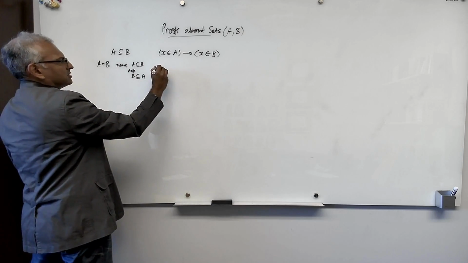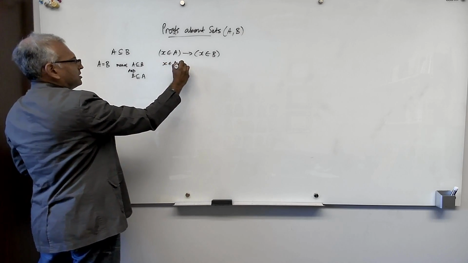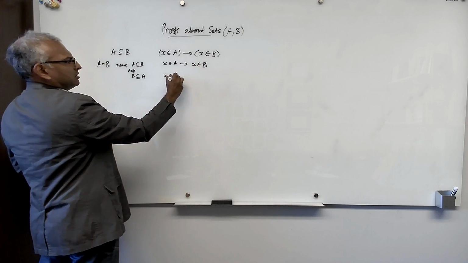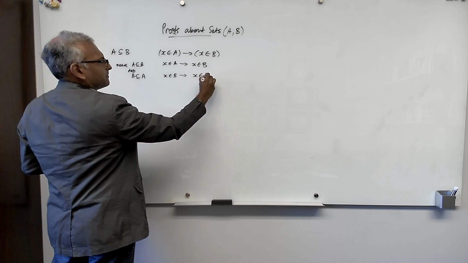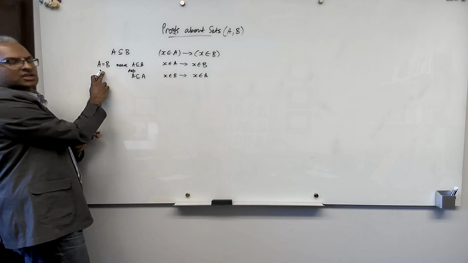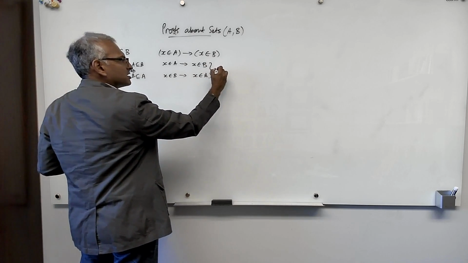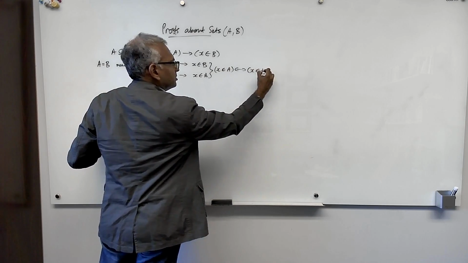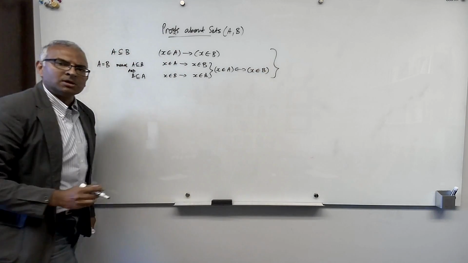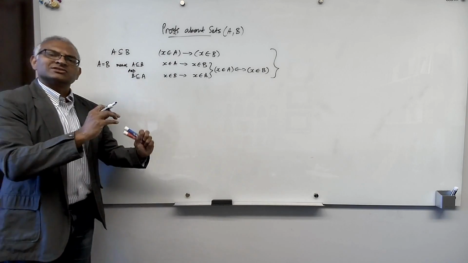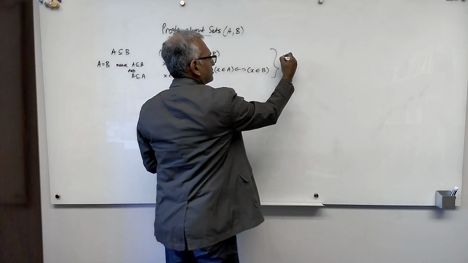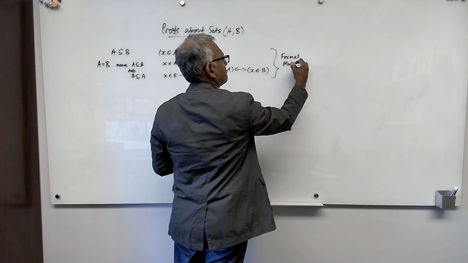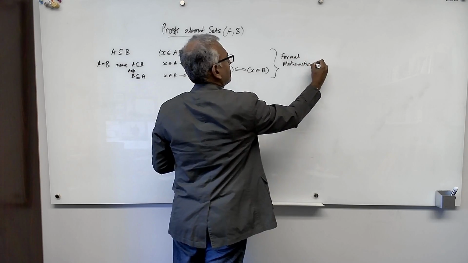So this is X is in A implies X is in B, and this is X is in B implies X is in A. So you have to prove two implications to prove set equality, and together this means that X is in A if and only if X is in B. So that's the formal way to prove relationships about sets. You have to prove implications. This is the formal mathematical approach.